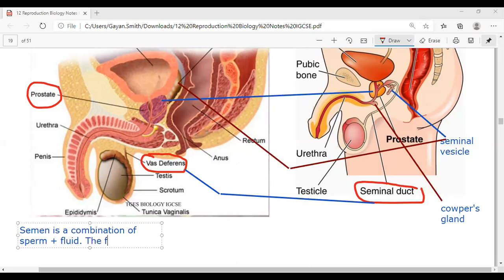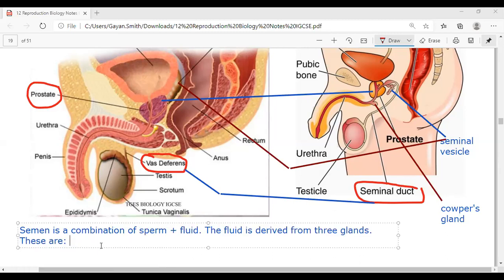The fluid is derived from 3 glands. These are... so remember, you're supposed to make notes of the additional annotations I'm making.